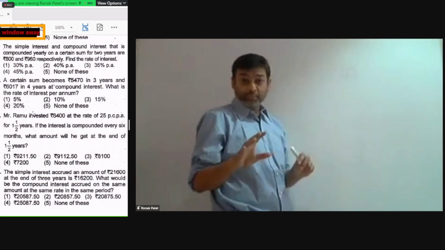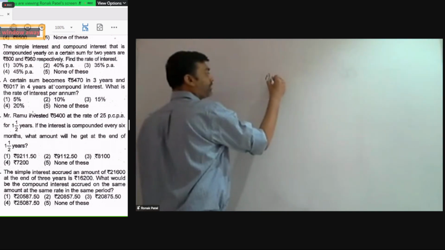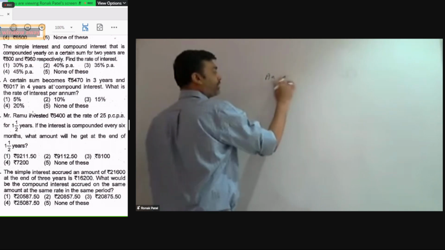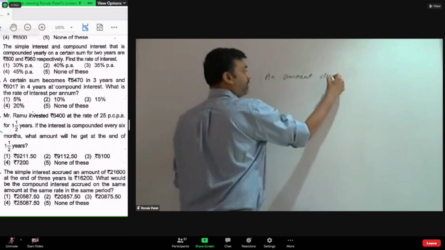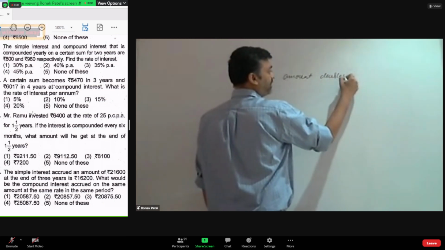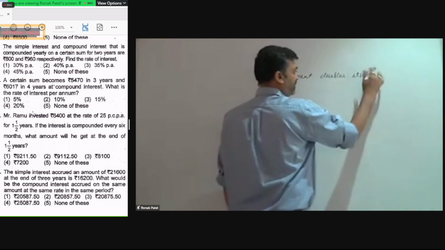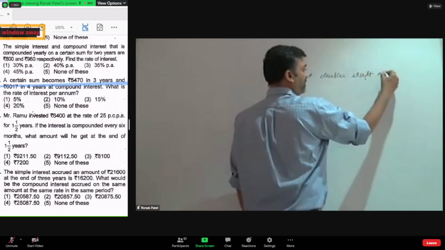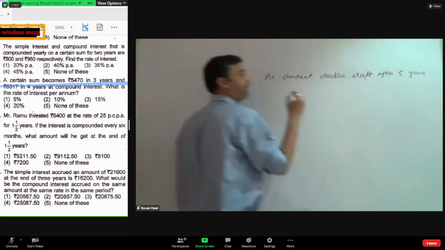Suppose an amount is kept at compound interest. An amount doubles itself after 5 years.